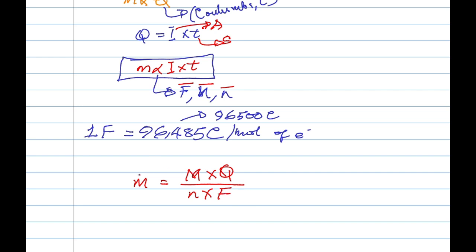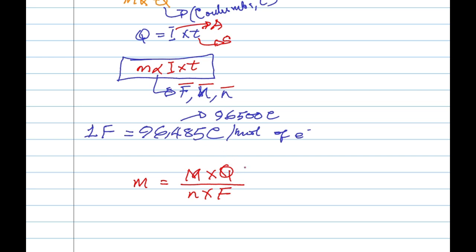I want you to see very well that this is a capital letter M and this is a small letter m. The small m represents the mass of the substance, and the capital M represents the molar mass of the substance.